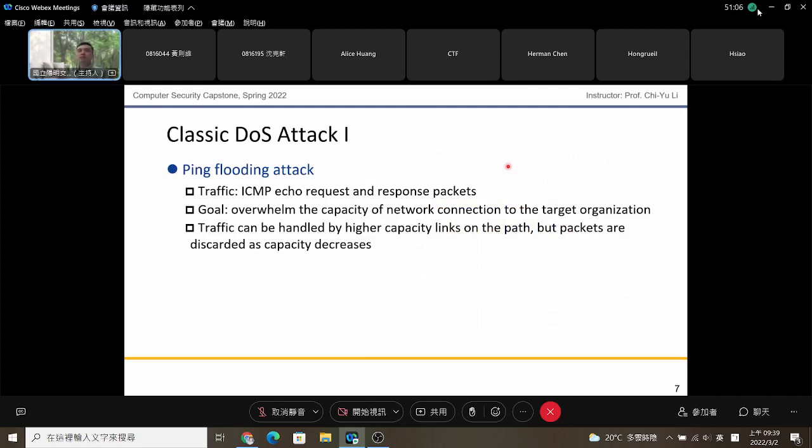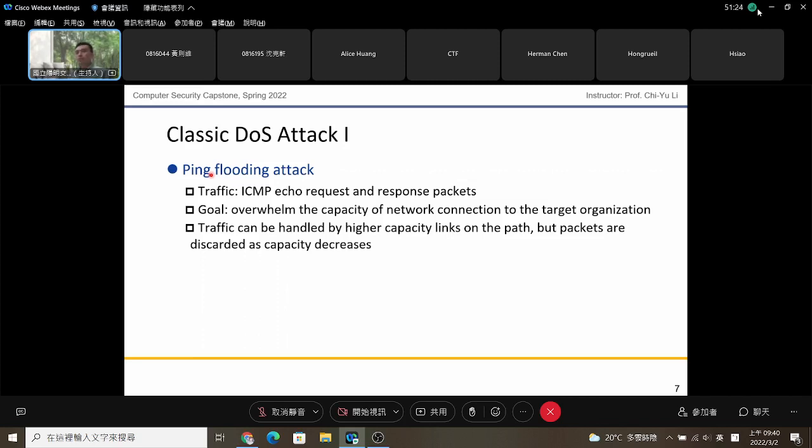Okay, so next let's introduce the classical DoS attack. The first is the ping flooding attack. The traffic for the ping relies on ICMP packets.